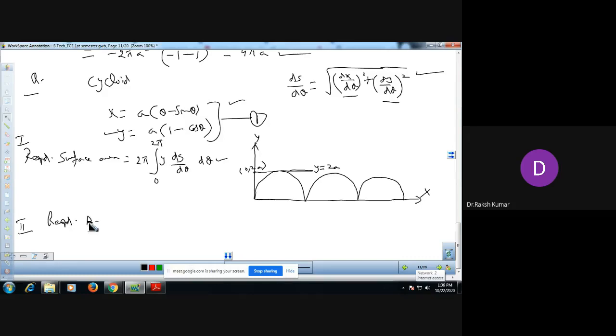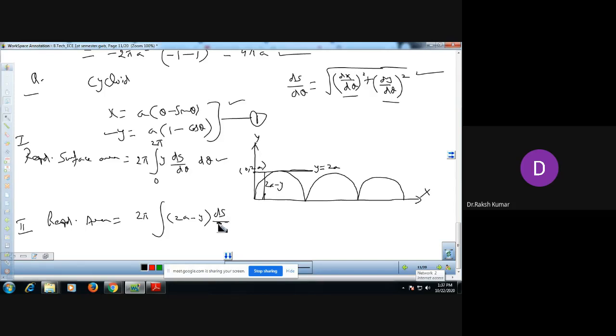So the required area is 2 pi. The formula is you need to find out the value of y dash, and this will be your y dash like this. This is the point we have, and this will be 2a minus y. So you can use in place of y, that is 2a minus y into ds. This is the formula.